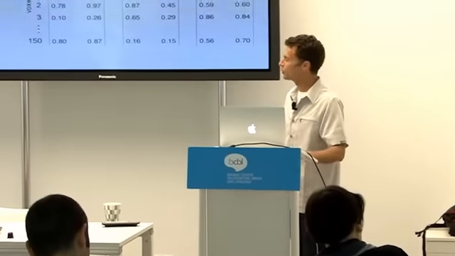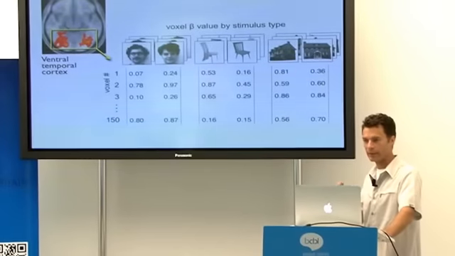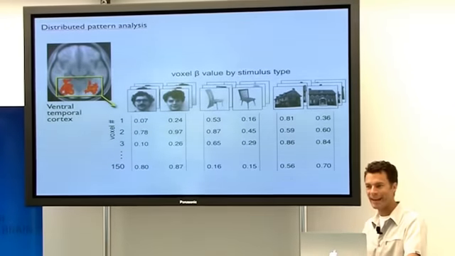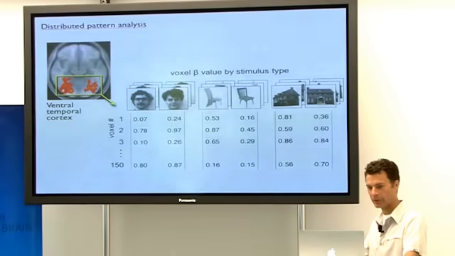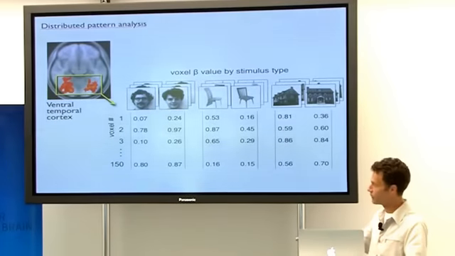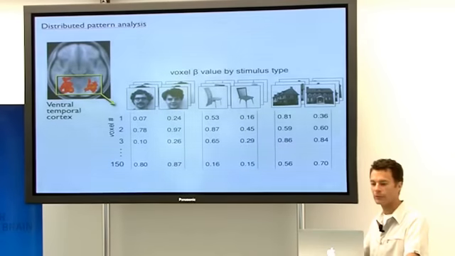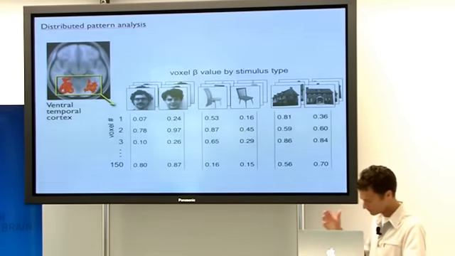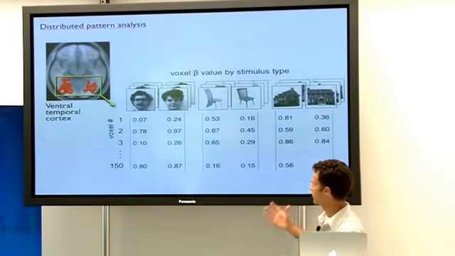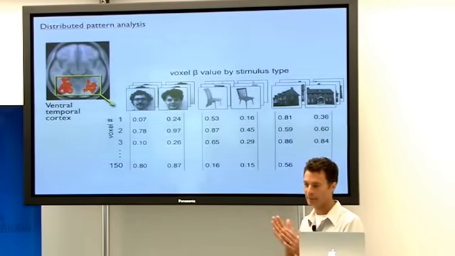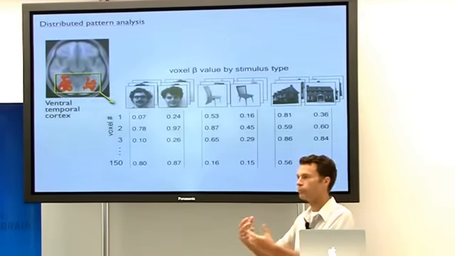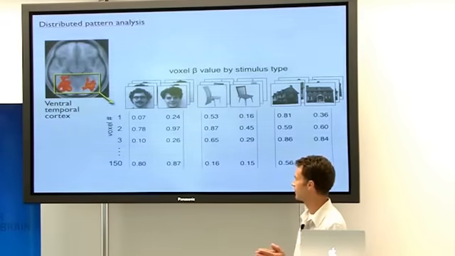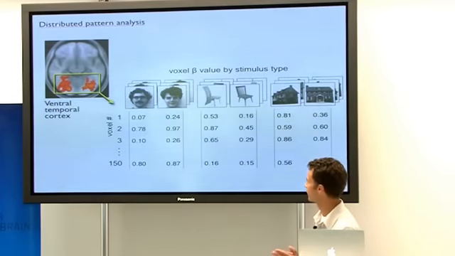You can also look at that direct effect and not just take its average. You can take a look at the pattern of those responses across a set of voxels. This is the basis of distributed pattern analysis or multi-voxel pattern analysis. This slide illustrates conceptually the kind of study that Jim Haxby did in his Science paper a few years ago that brought MVPA back into the awareness of the field.